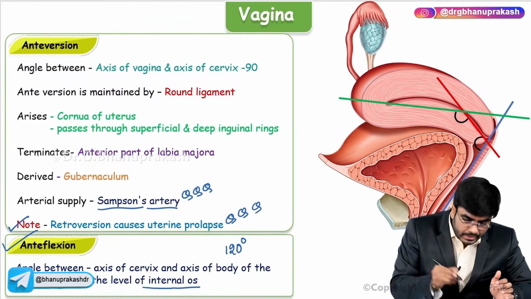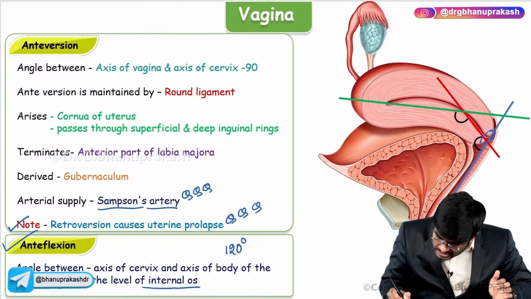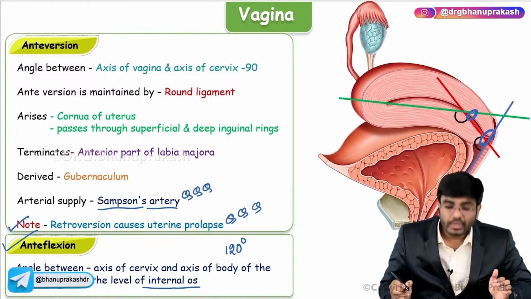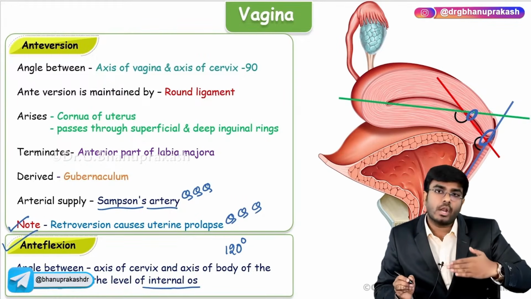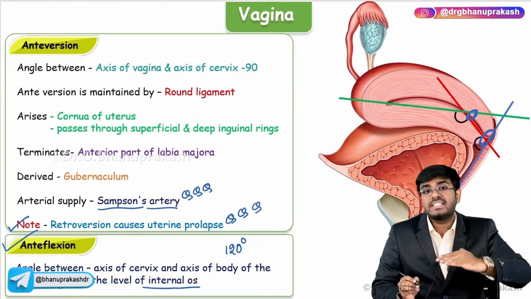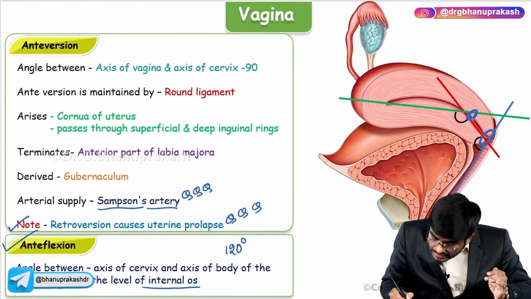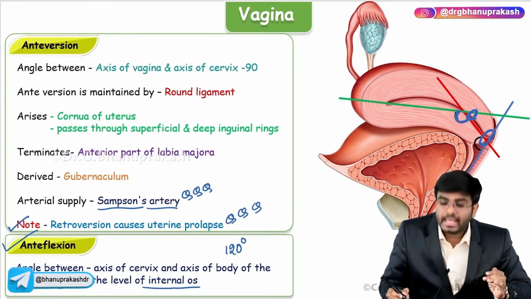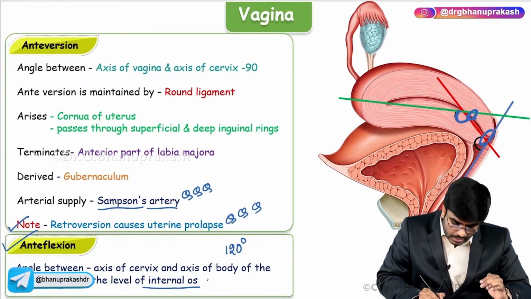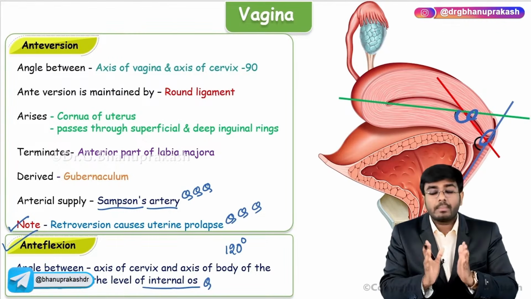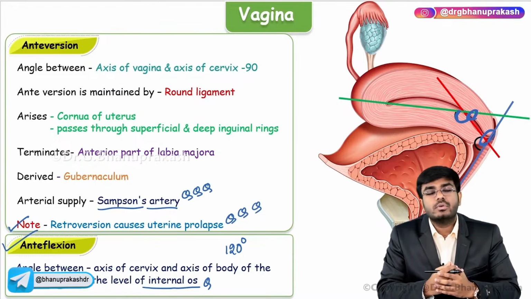We know this is the external os of the cervix and there will be an internal os of the cervix. This anteflexion, this bending, is happening at the level of the internal os. We have completed the topic of vagina also. Now, let's discuss the uterus.